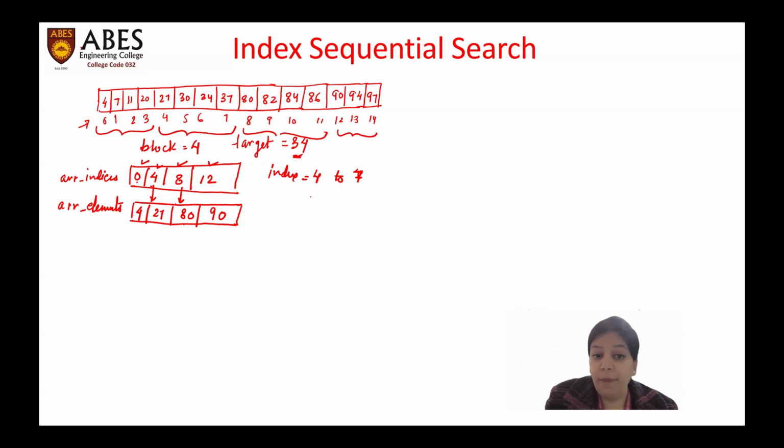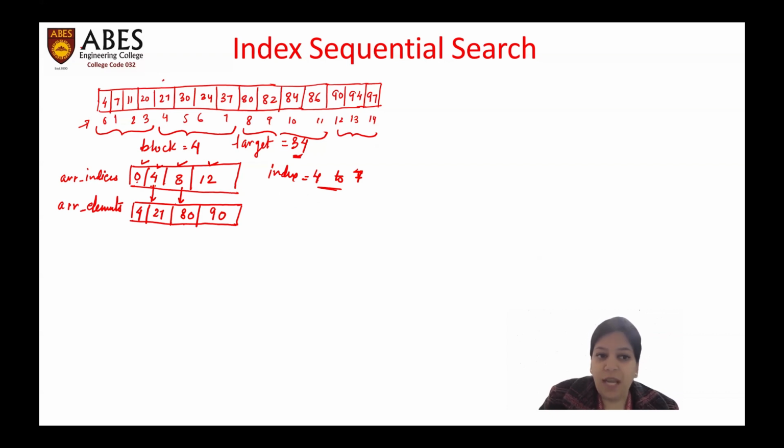So it can be present anywhere in between 4, 5, 6, and 7. That is our second block. So with this process, we have got the block. Now we are going to sequentially check at each index of the block that we have got.